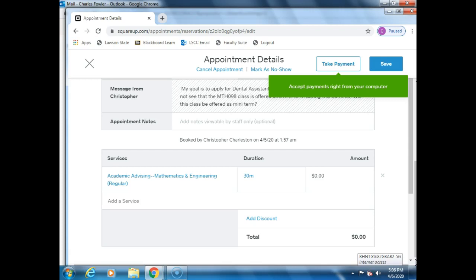So what you need to do is, do you like emailing, or you want to do it some other way? Okay. There is an email address, it's just records with the S, records at lawsonstate.edu.